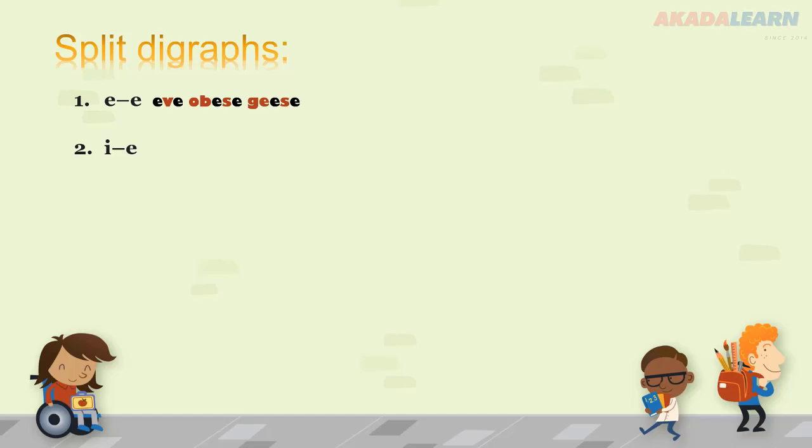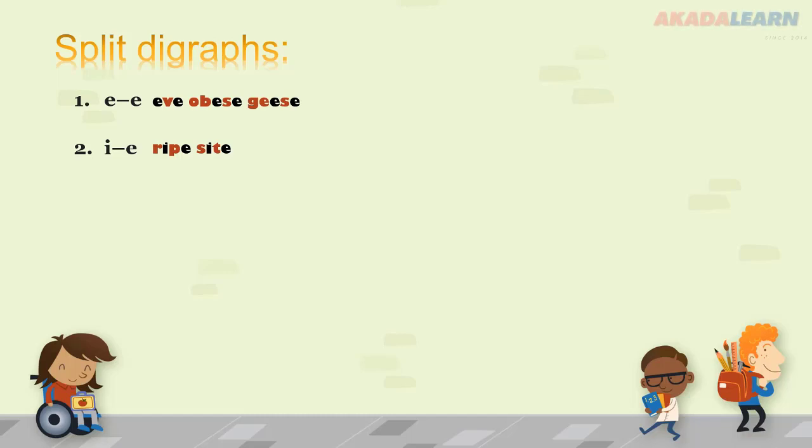We have GEESE, geese. Geese are a type of bird. So you just saw the picture there very quickly. GEESE, that's how you pronounce it. Now for the IE, remember when I and E are separated, they make an I sound. They stay with their I sound, like RIPE.